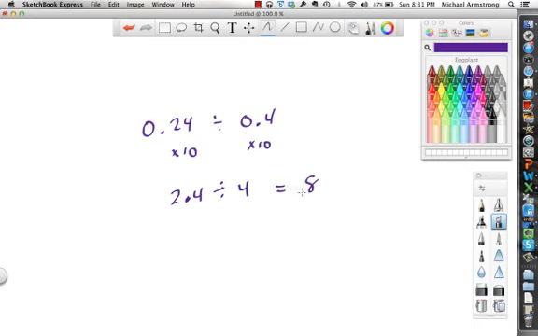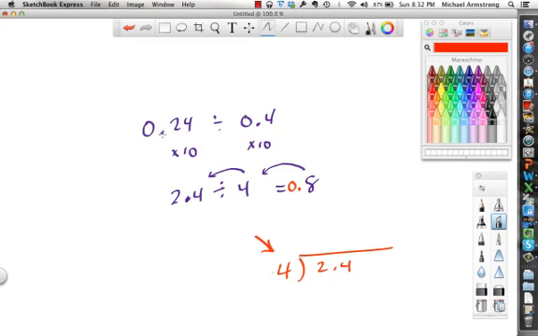So if I have to get 2.4 by multiplying, this is going backwards. 8 times 4 equals 24, so 2.4 divided by 4 is 8, and to make this really work, I've got to go 0.8. Now I could do long division. I could say 4 goes into 2.4. What I want you to understand is that if you're doing long division, it works a lot better if you get rid of the decimal here, but you don't have to get rid of the decimal here.